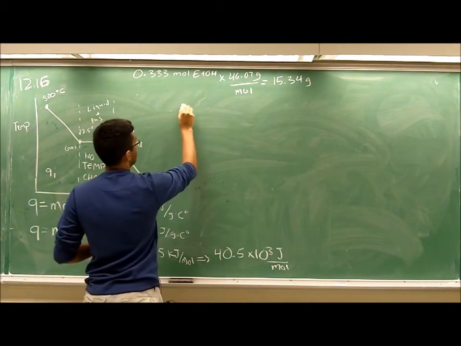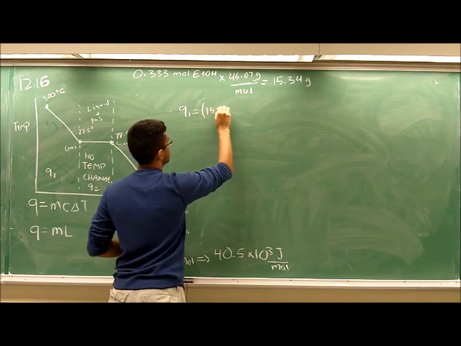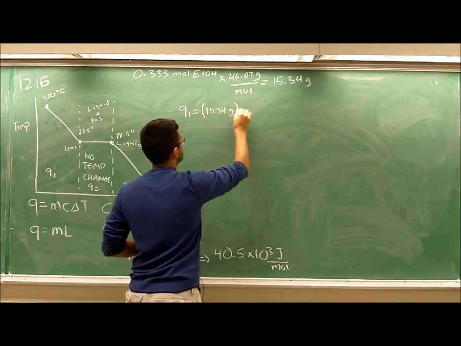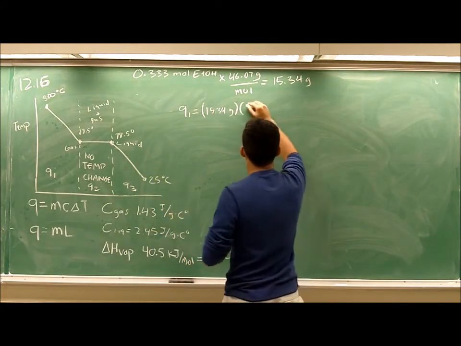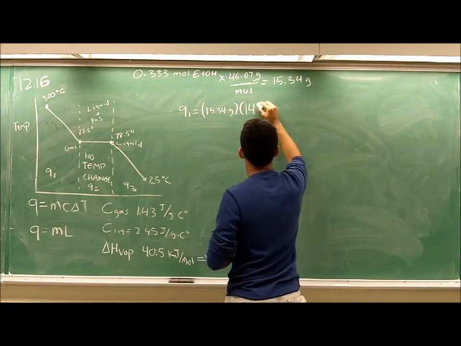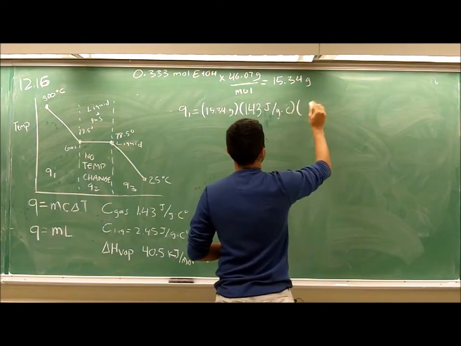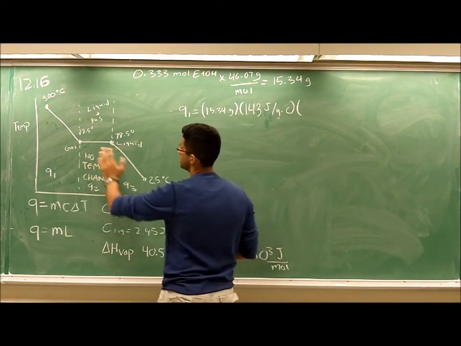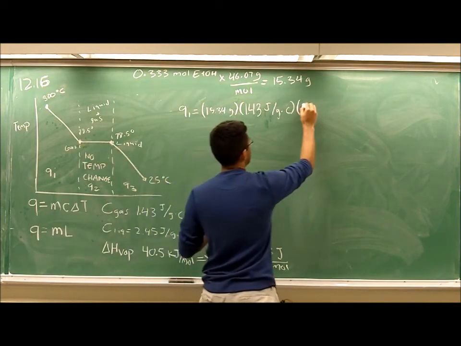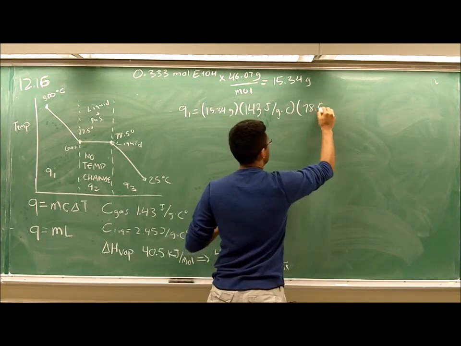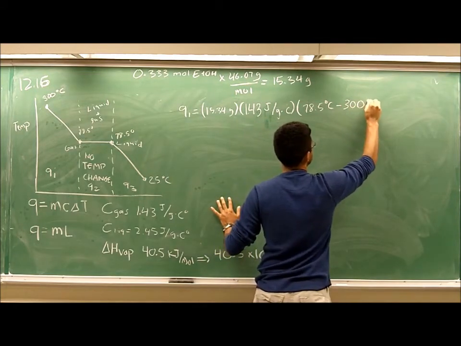So Q1 is equal to m, your mass, 15.34 grams, times your heat capacity for gas, which is 1.43 joules per gram Celsius, times the change in temperature. Change in temperature is always final minus initial. So you end at 78.5 degrees Celsius and start at 300 degrees Celsius.